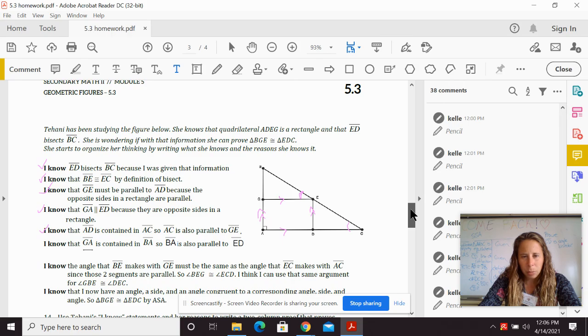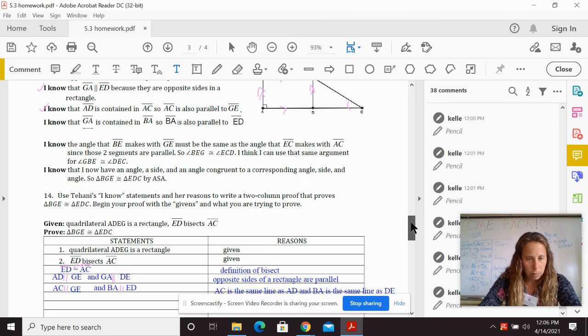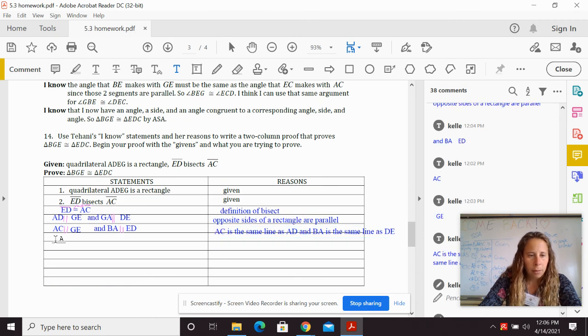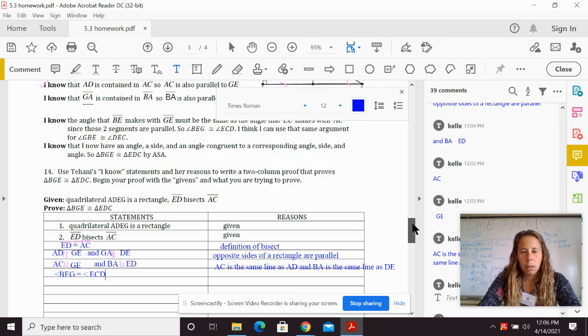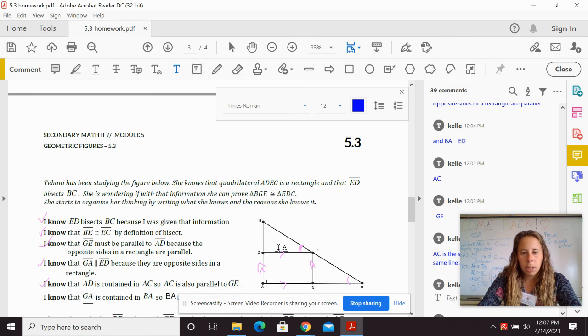All right, so let's do BEG. Angle BEG is congruent to angle ECD, and that is by corresponding angles.